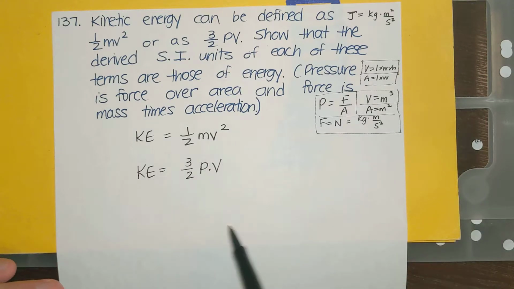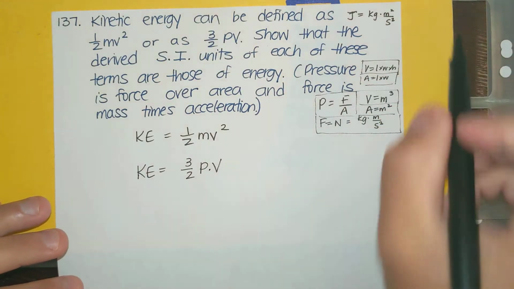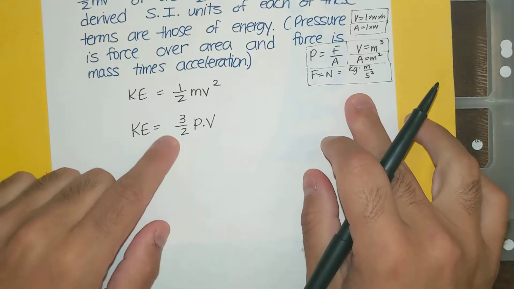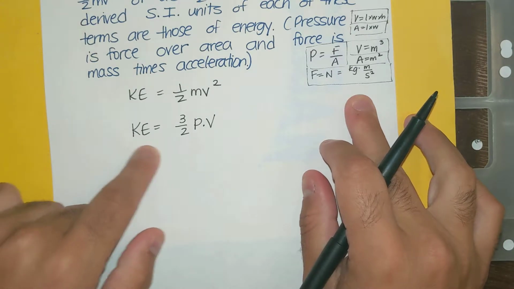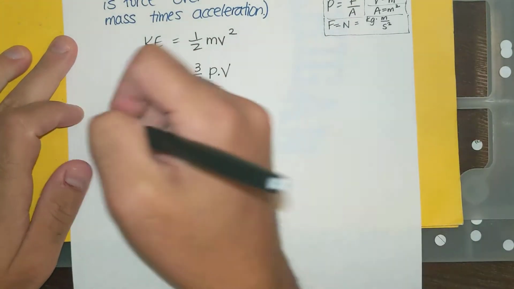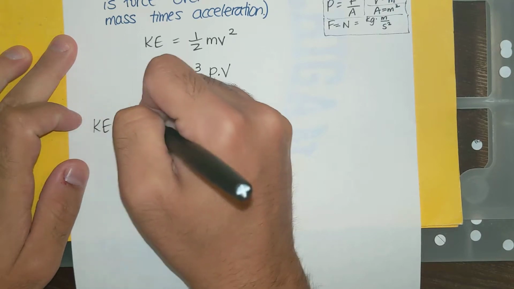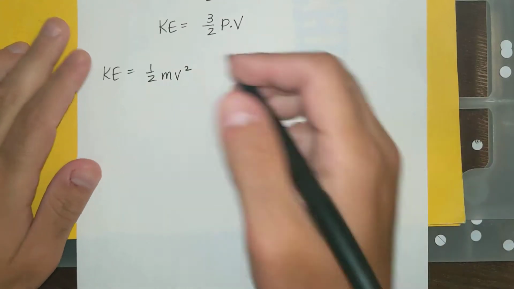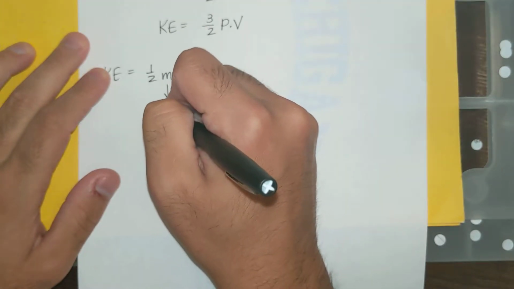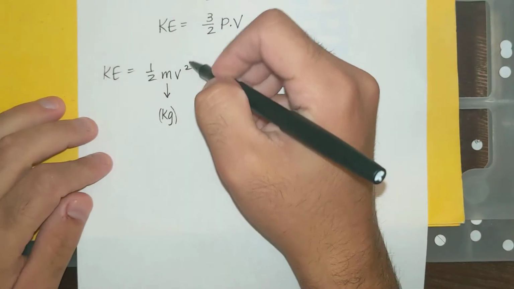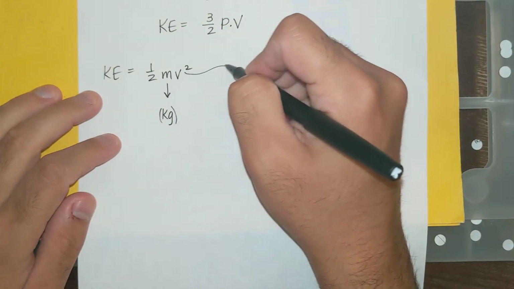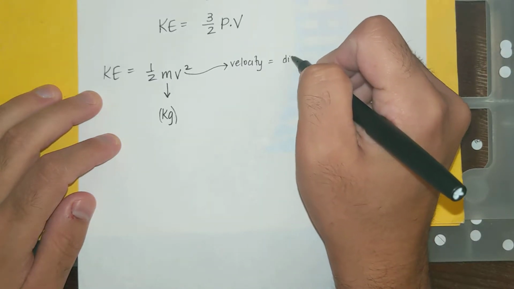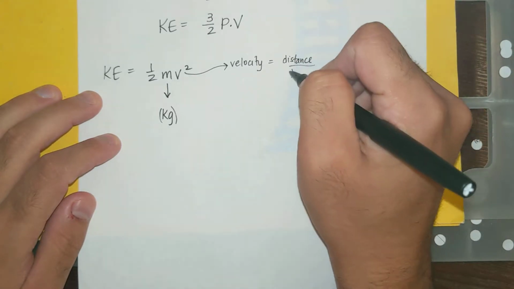So let's see if we can get those derived units for energy, which is kilograms times meters squared per second squared. I wrote down here that kinetic energy is 1/2 mv squared, or kinetic energy is 3/2 PV. Let's do the 1/2 mv squared first. KE equals 1/2 mv squared. For SI units, mass is the kilogram. Velocity is a speed, which is distance over time.